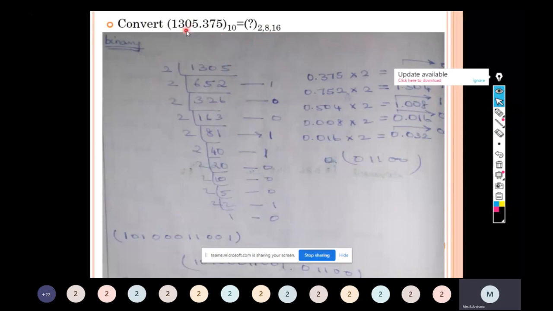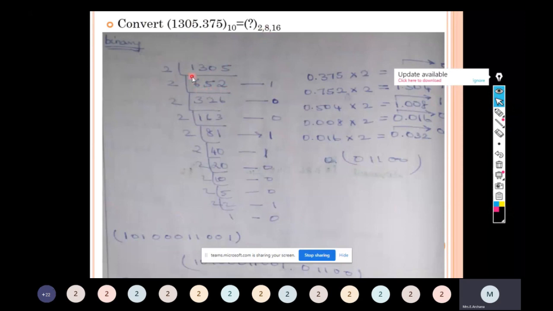So for the integer part we are going for successive division. First we will do the binary, and then we will move to the octal, and then we will move to the hexadecimal. So 1305 to the base 2. 652. So 6 2s are 12, remaining 1, 5 2s are 10.